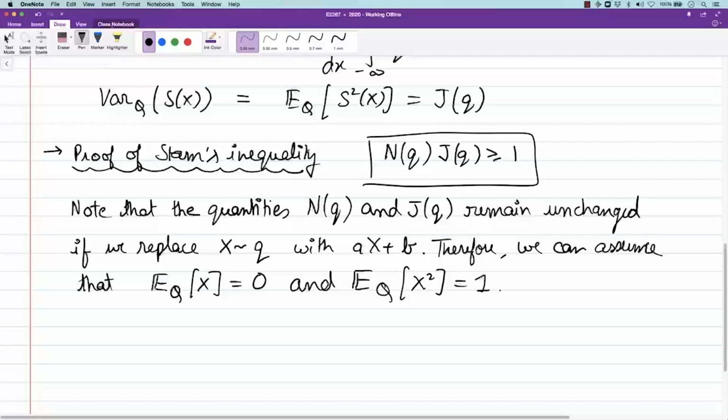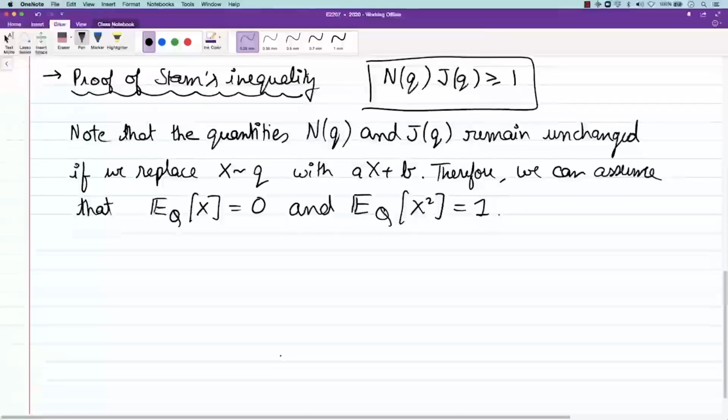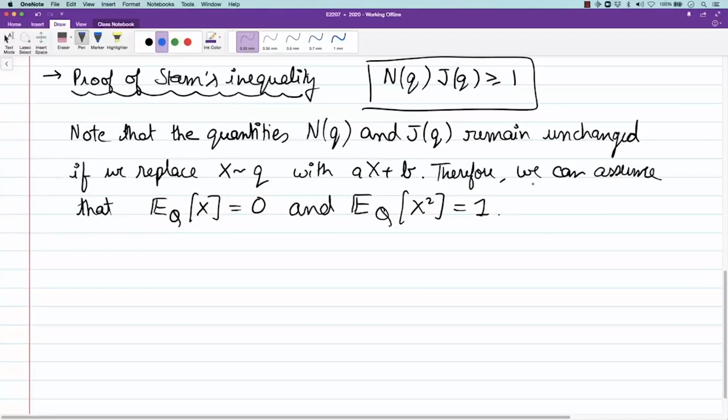We can assume that because this is finite. We only want to show it for the finite case. That was the assumption throughout, and we can normalize by that second moment and make it unit second moment, and also we can translate to make it zero mean. Okay, we can assume that. So from here on we'll proceed with these assumptions.